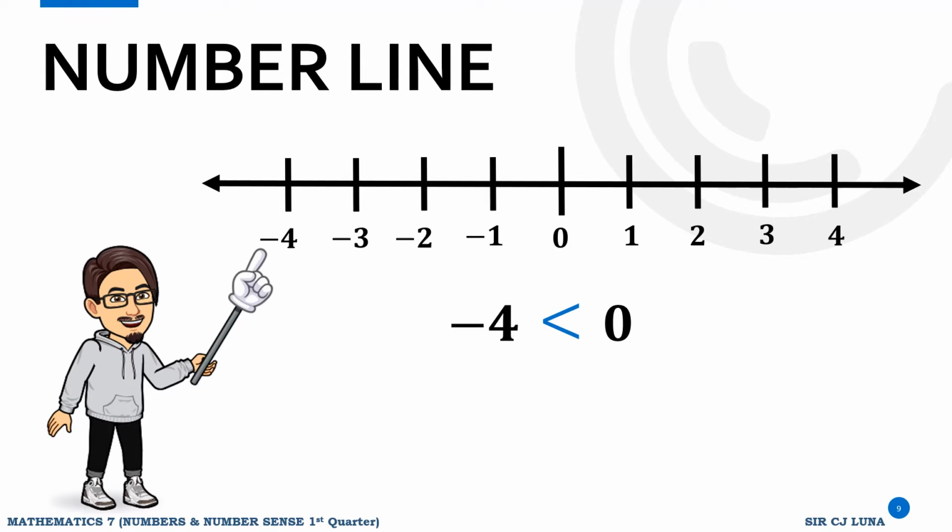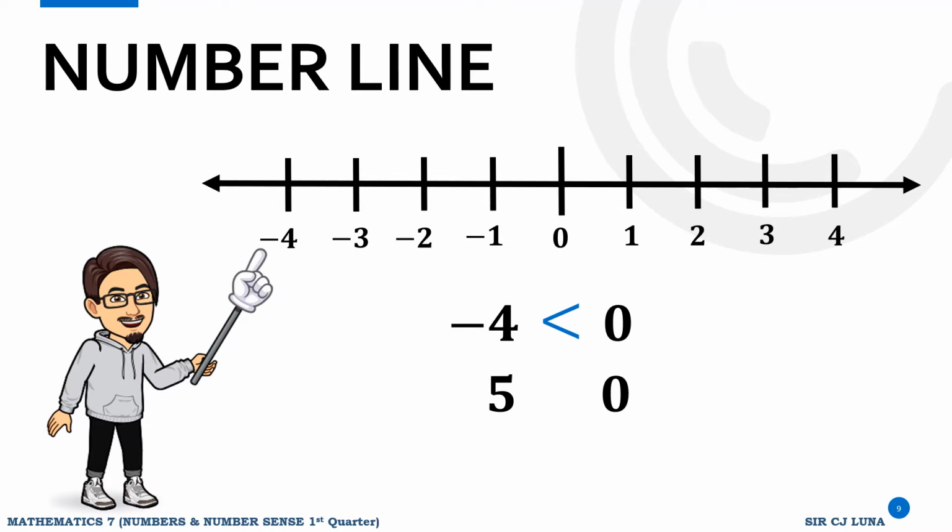Bakit? Kasi ang negative 4 ay makikita mo sa left ng 0. Diba? Kapag nasa left, habang papunta siya sa left, mas bumababa yung kanyang value. So, ibig sabihin, with these two integers, mas malaki ang value ng 0 kumpara sa negative 4.